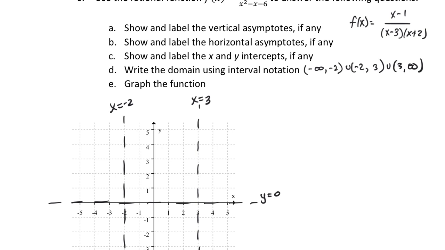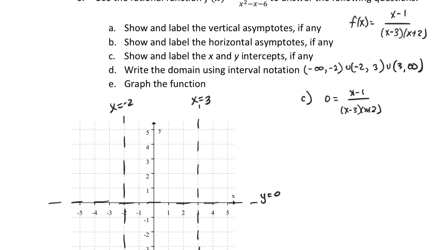Okay, for part C, show and label the x and y-intercepts. So we'll do the x-intercepts first. To find the x-intercepts, we let y equal 0. For this type of equation, which is a fraction, because it has a numerator and a denominator, the only time a fraction is going to equal zero is when the numerator equals zero.